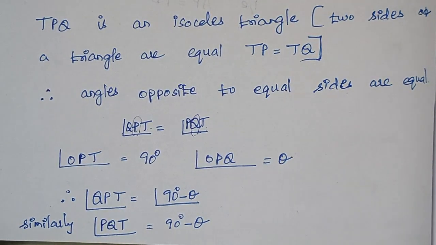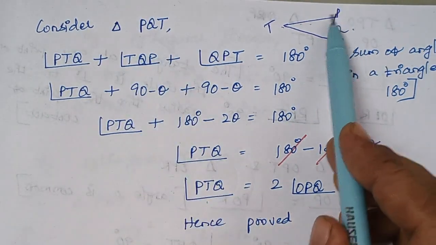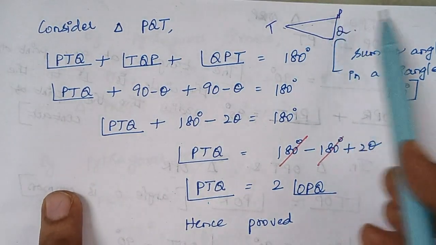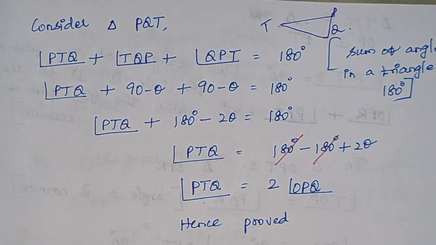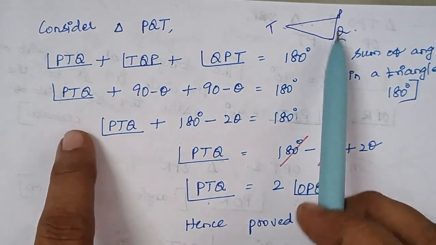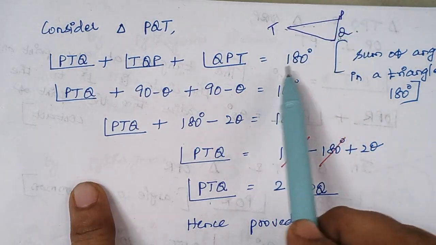Right. Now consider the triangle PQT. This is your triangle PQT. So you see, the summation of angles in a triangle is equal to 180 degrees. So here PTQ plus TQP plus QPT is equal to 180.